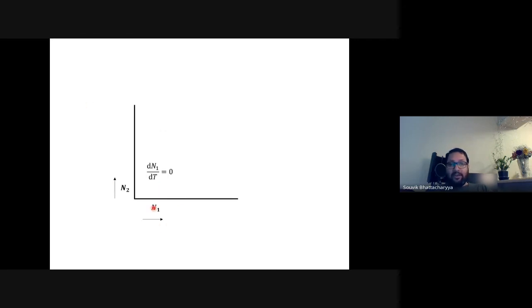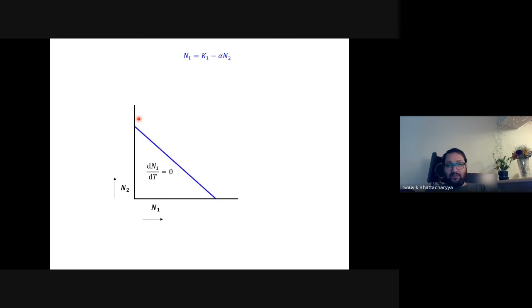So if we plot the number of individuals present in a population of species 1 on the x-axis, and the number of individuals present in a population of species 2 on the y-axis, N1 and N2, assuming that there is no change in either of the numbers, that is dN by dt is 0. So for example, for N1, when dN1 by dt is 0, we can use this y equals mx plus c type of equation to get a straight line.